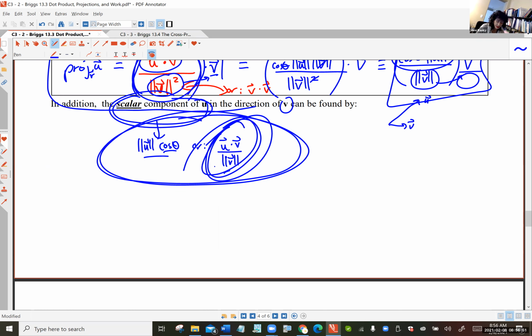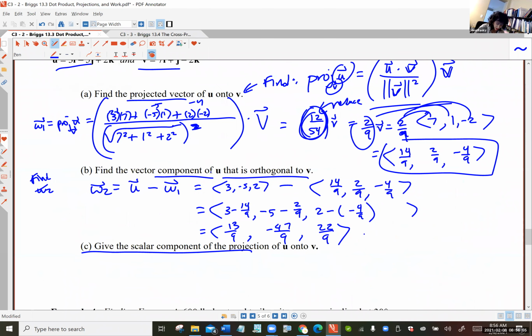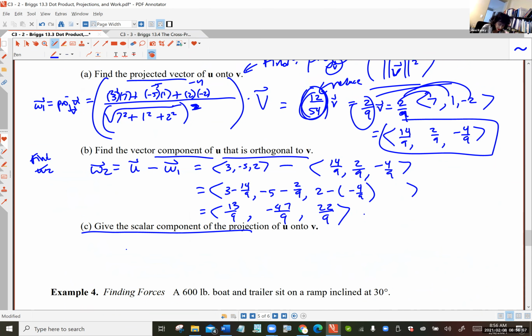We got 12 as the dot product, and you already know that the magnitude of v, I think, was square root of 54. So the scalar component of u onto v, and this is some of the notation you'll see, instead of proj, you'll see scal, u onto v, is u dot v over the magnitude of v. So that's going to be 12 all over the square root of 54.